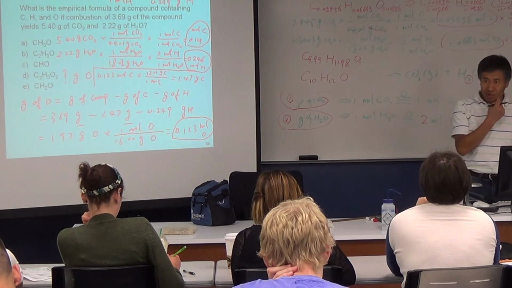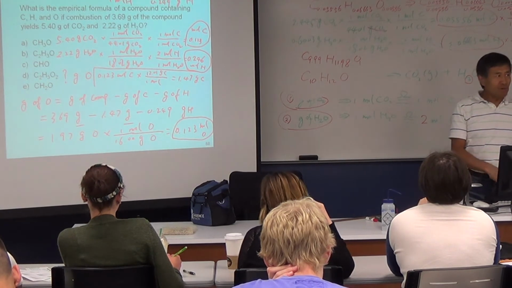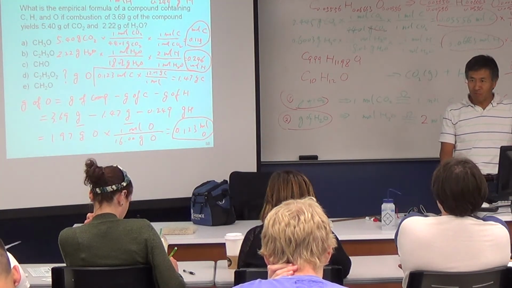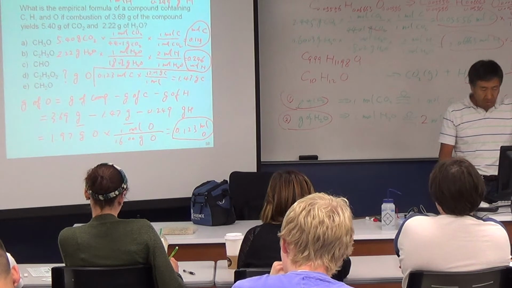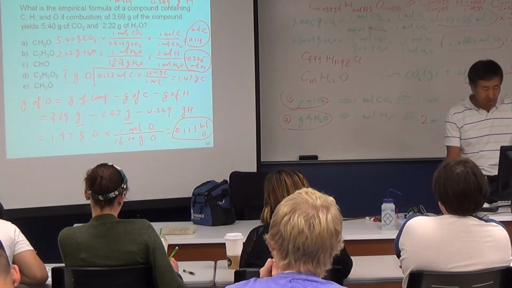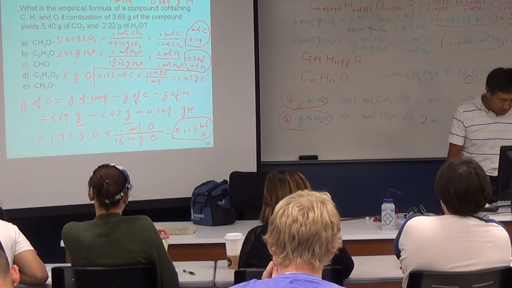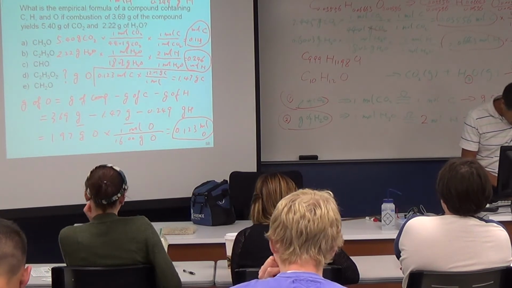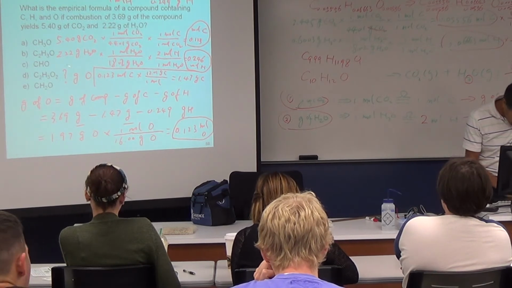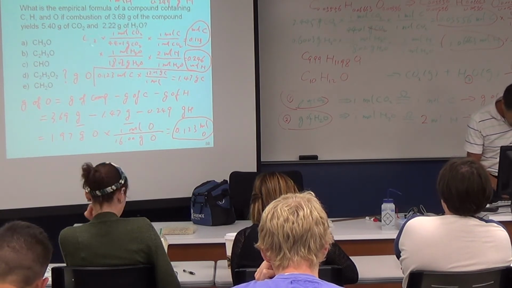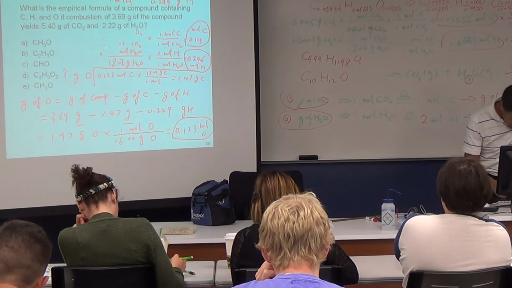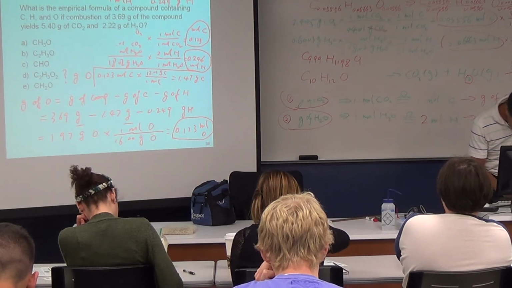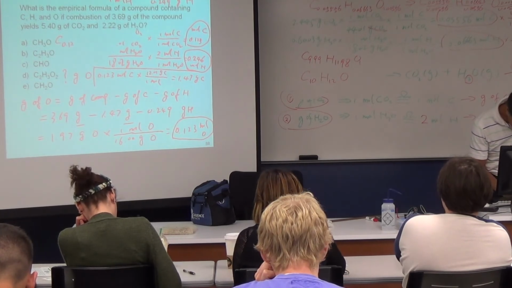But this is not our final answer. So what you do is use these 3 numbers and write a formula. Then you divide by the smallest number. Obviously our smallest number is 0.123. Carbon 0.123 over 0.123.